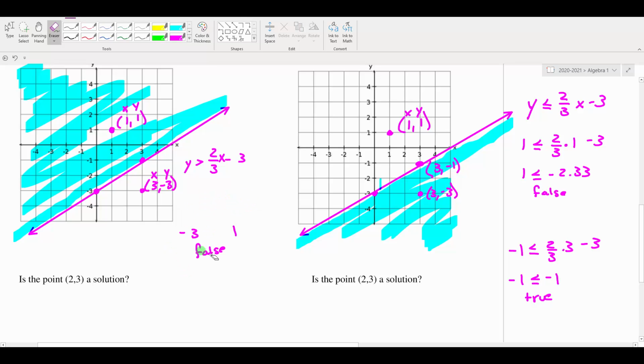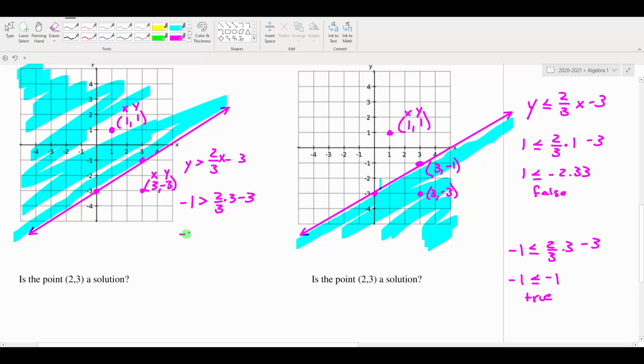Okay, let's watch what happens over here. I'll start this over just to give myself some room. I'm going to pick that same point, (3, -1). That means y gets replaced with -1, greater than 2/3 x minus 3, but the x gets replaced with a 3, because the point was (3, -1).